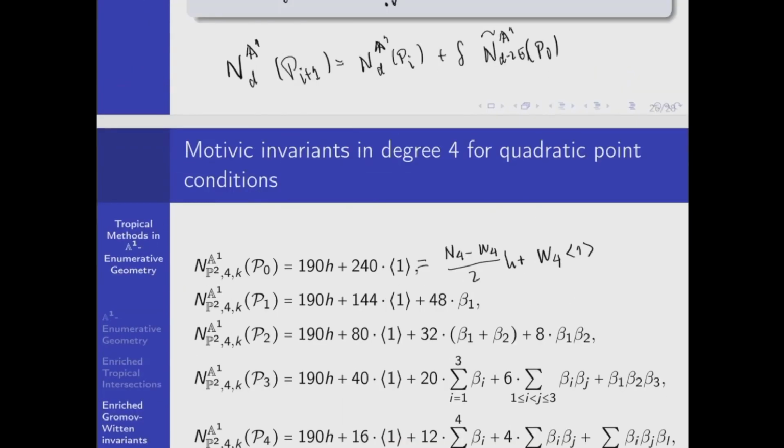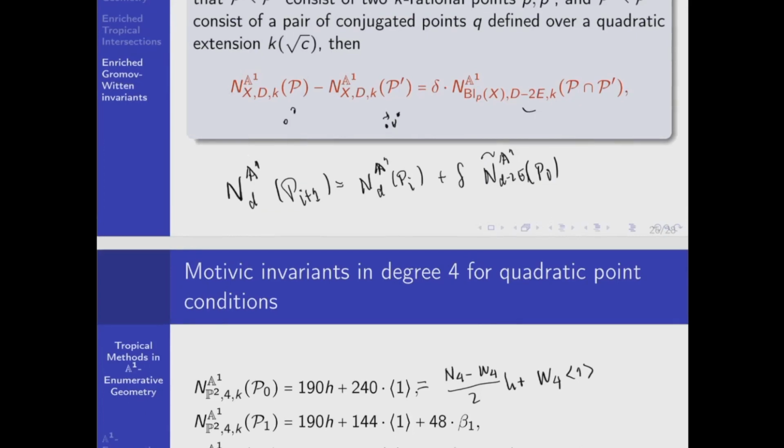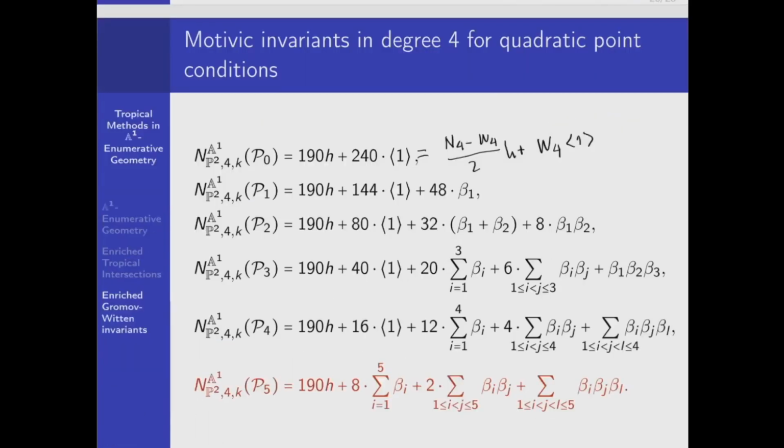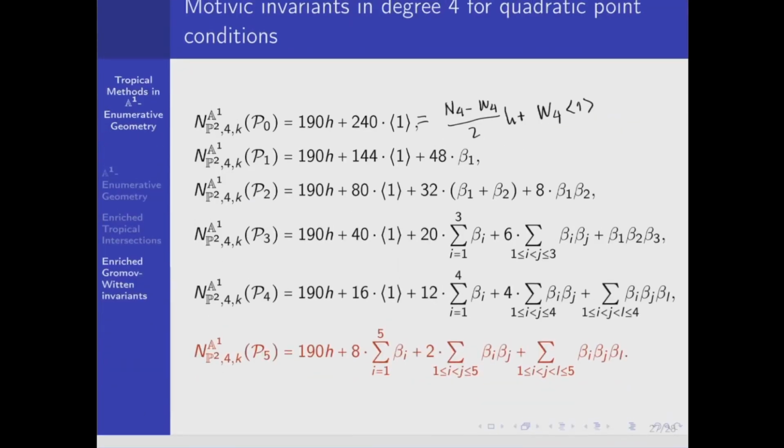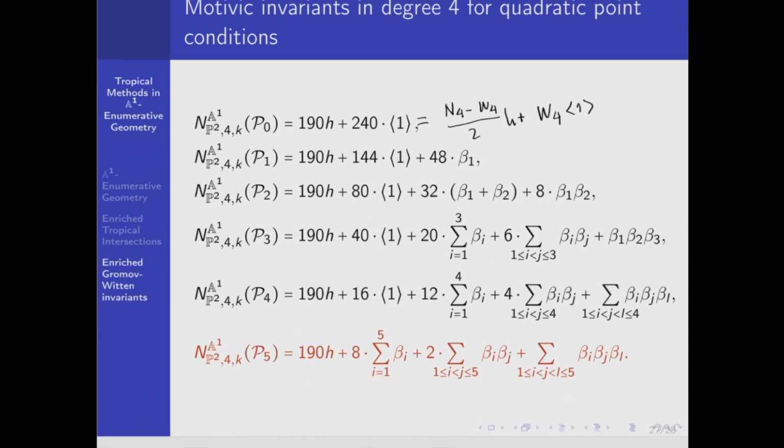And then we can use this formula several times in such a way that we add one pair of conjugated points each time. So here, beta 1 is the field of definition of the conjugated point. So this is the trace over k of square root of D1, let's say, over k of 1.